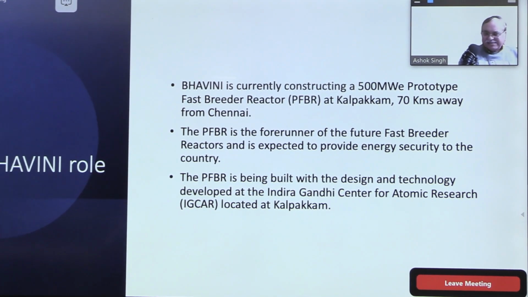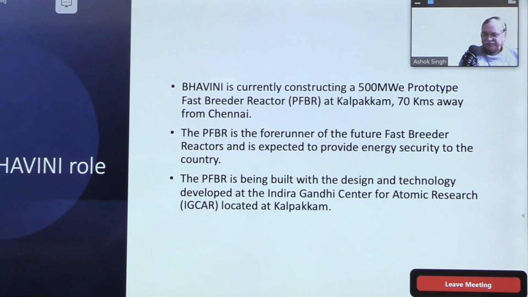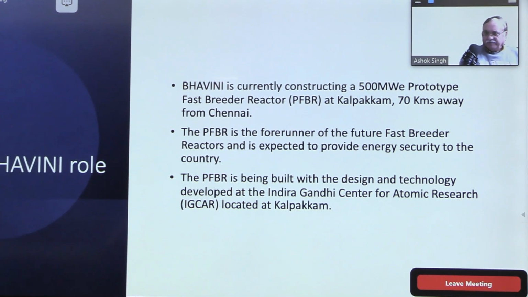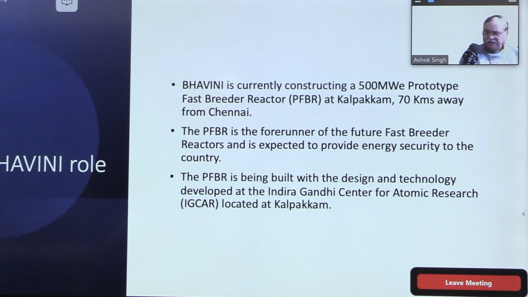It will not be just for testing purpose. It will be actually producing electricity, but it will also help in developing the design for this type of reactor. So this is located at Kalpakkam. This is quite close to Chennai. It will be the forerunner for future fast breeder reactors.